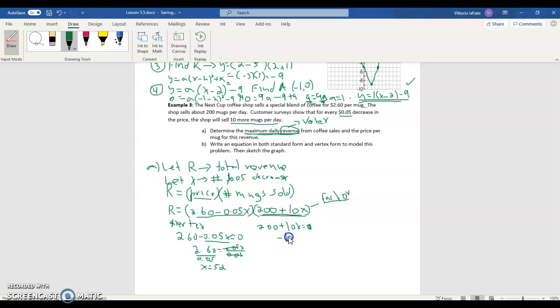So negative 10x is equal to 200. You might have sent the 200 to the other side instead. You'll get the same result when you divide in the end anyways. You could try it out, see if that's true. And we get negative 20 as our other zero.